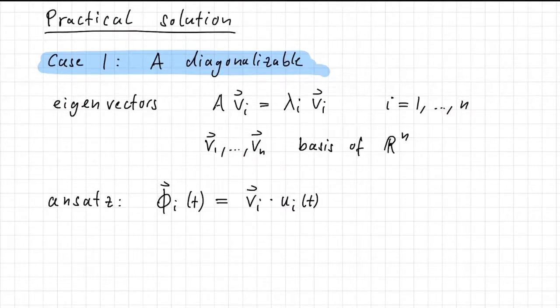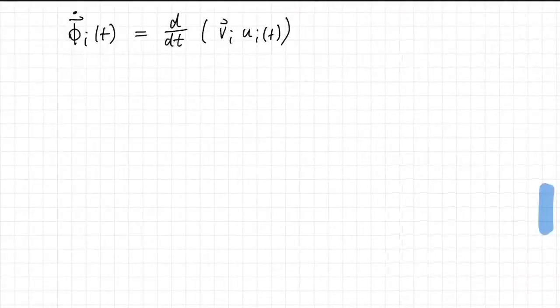We will now use these eigenvalues and eigenvectors to make an ansatz for the solution of the linear system of differential equations. The ansatz is written here. We say that phi i of t equals the vector vi times ui of t, where the ui of t are some unknown functions of t that we want to determine. Again, we want these to be solutions to the differential equation, so we just have to plug them in.